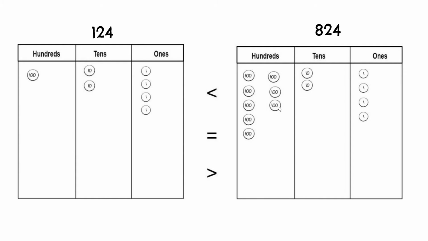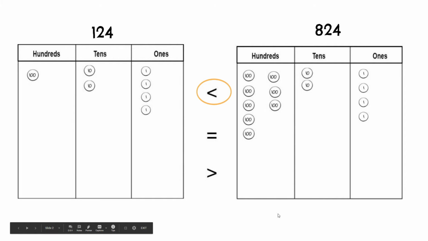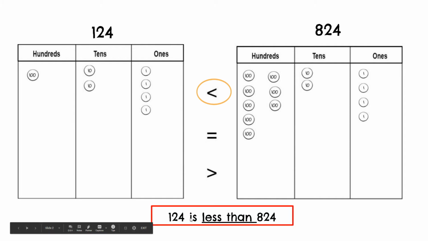So that gives us that 124 is less than 824 because 124 has the fewest hundreds compared to 800s. That means that 124 has the lesser value, right? So this is how we say it. 124 is less than 824.